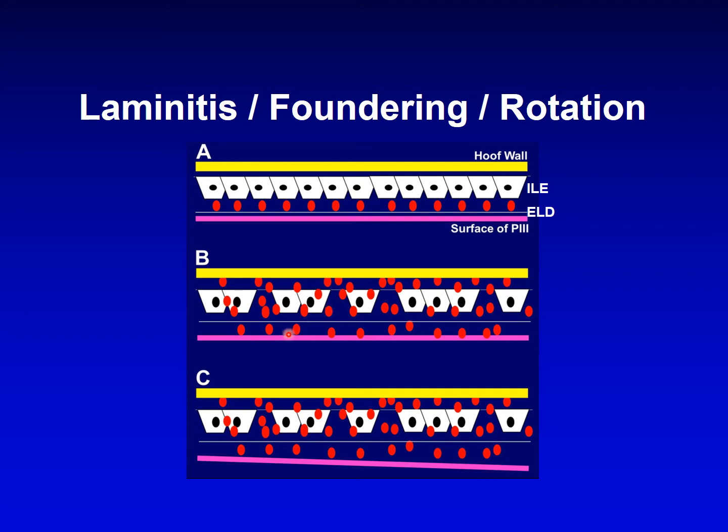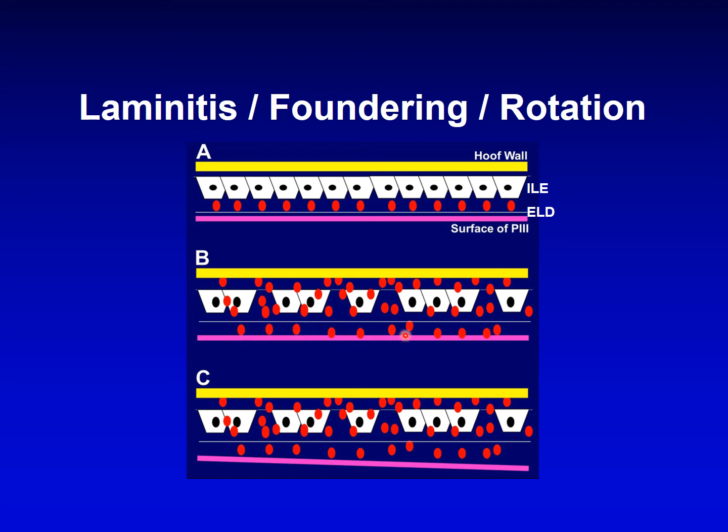Remember that this is the surface of P3. The surface of P3 is attached from the palmar aspect to what? It's attached to the tendon of the deep digital flexor muscle. Deep digital flexor muscle.